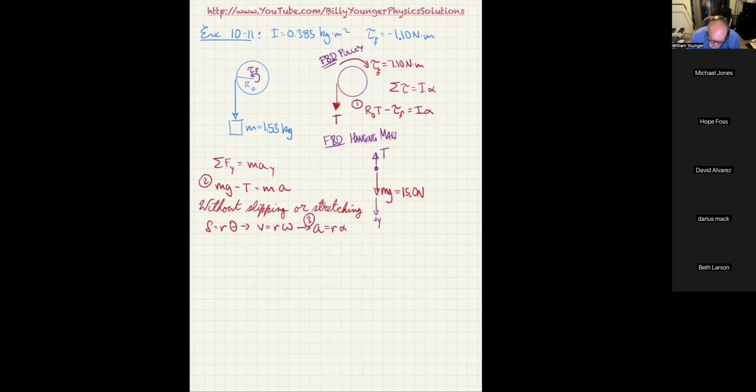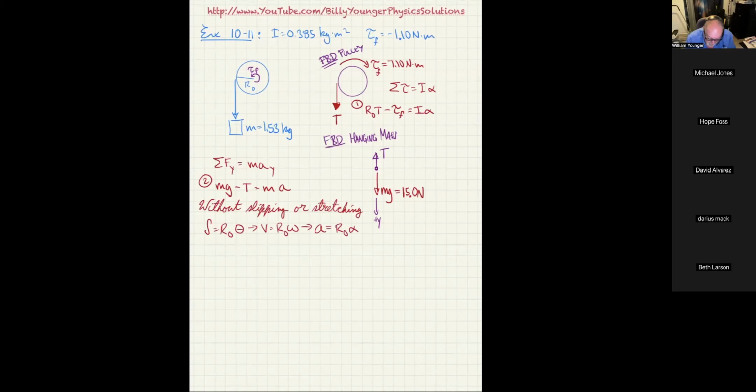So now I can go ahead and substitute specifically the correct R. Let me get rid of this equation 3 and write it in terms of the R that we actually know. I'm going to say S is equal to R0 times theta, which implies v is equal to R0 times omega, and that implies a is equal to R0 times alpha.